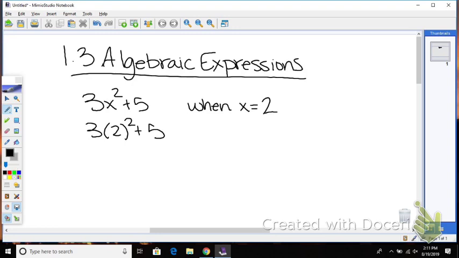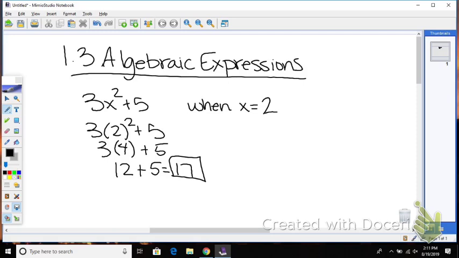So I have 2 squared is 4 times 3 plus 5. 3 times 4 is 12 plus 5 is 17. So this is what this evaluates to when x equals 2. But it's not an equation, it's an expression, because I'm not solving for x.